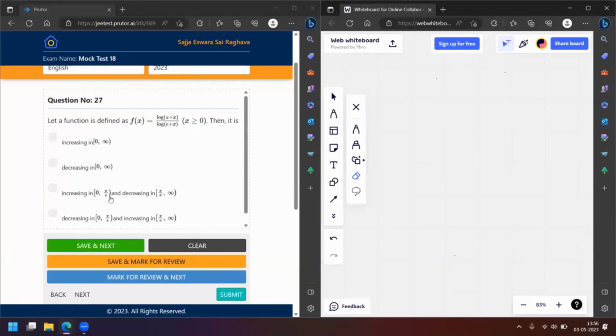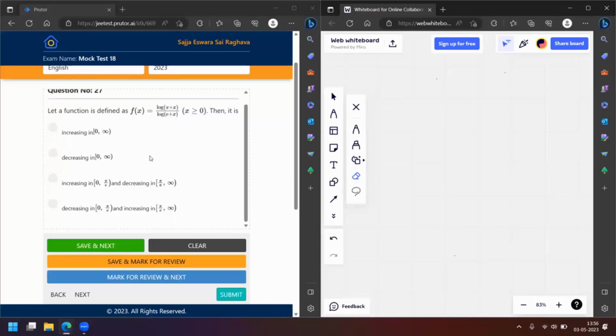We can take x equal to 1 and x equal to 2, and we will substitute x equal to 1 in f dash of x and x equal to 2 in f dash of x, and at the particular points then we will be able to find whether the function is increasing or decreasing. So by checking the options, if at both points it is increasing, you can choose increasing. So you can solve it by substituting f dash of 1 and f dash of 2.